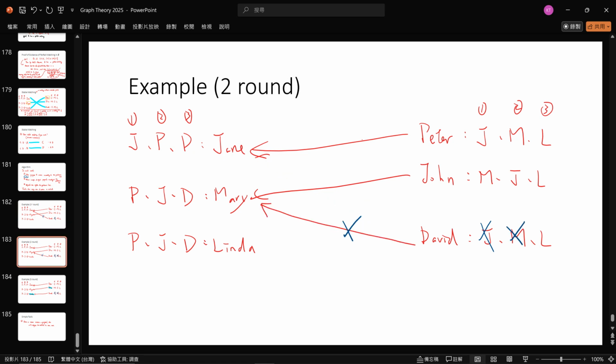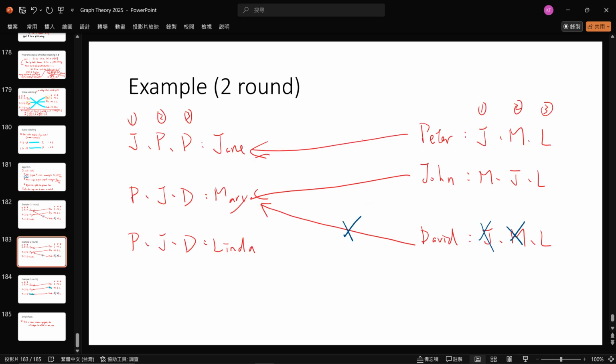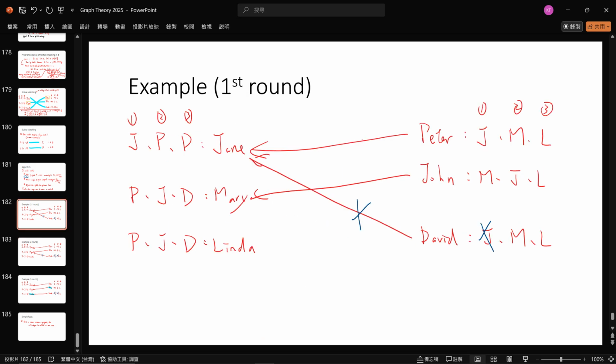Okay, so by matched, I mean temporarily matched. For example, after the first round, we'll say that Jen is temporarily matched to Peter because perhaps Jen will receive a better proposal in the future.